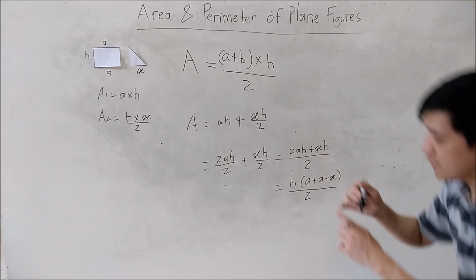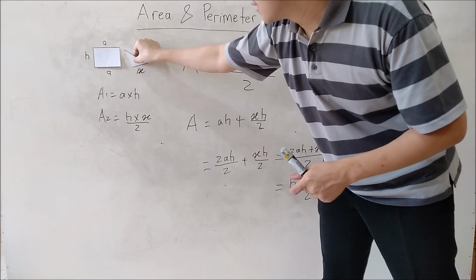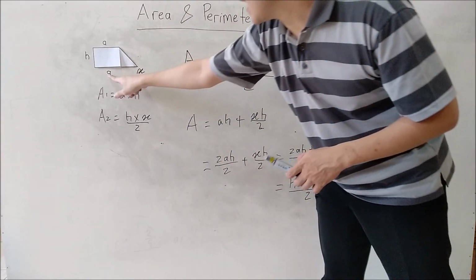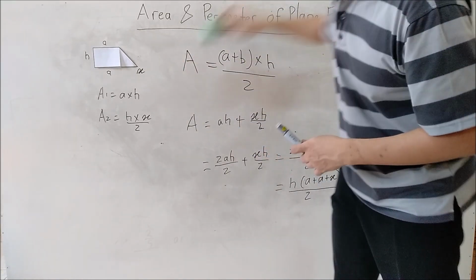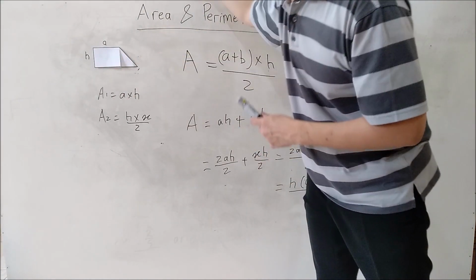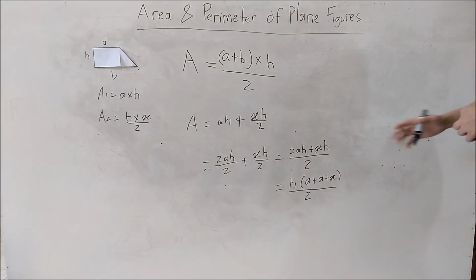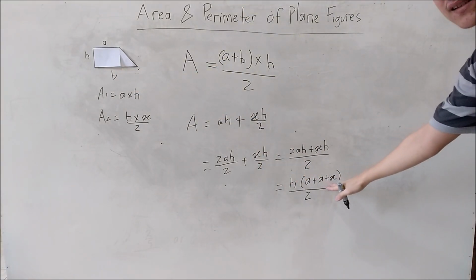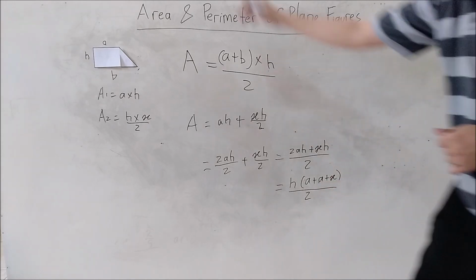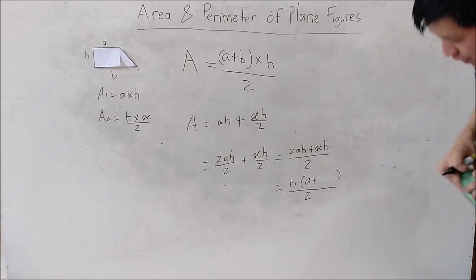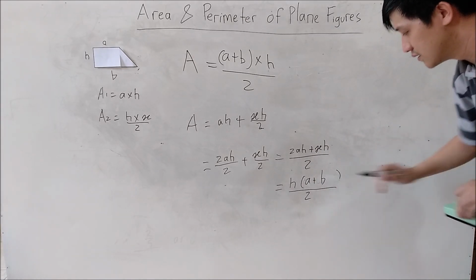If you remember, if I combine this trapezium, that means I combine the a and the x. And when I combine the a and the x, it will turn into b. I have a plus x here, and I change it into b.